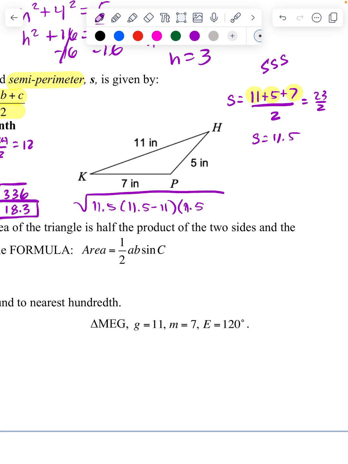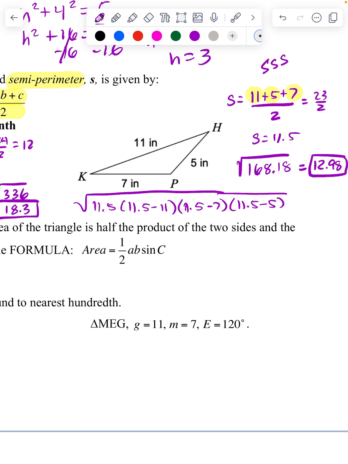It does not matter which side you put first, second, or third; you just have to get it all in there. If you put in all those parentheses, you'll get the right answer, but be cautious because it's easy to make a mistake. I got about 168.18 under the root, so when I did the square root, I got about 12.98 as my area.